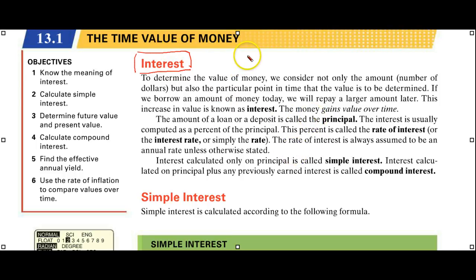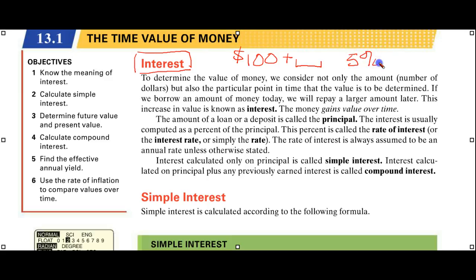Well, if you borrow, let's say, $100 and have to pay it back, the bank is going to charge you a certain amount of money to use their money over that period of time. And that extra money that you have to pay when you pay off your loan, that is the interest, which is usually given as a percentage rate.